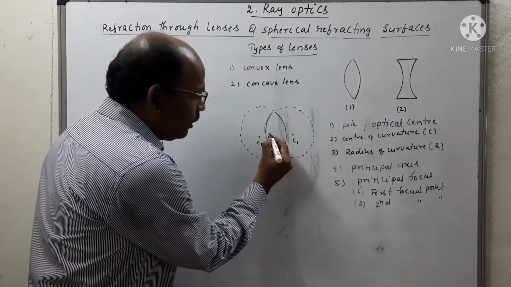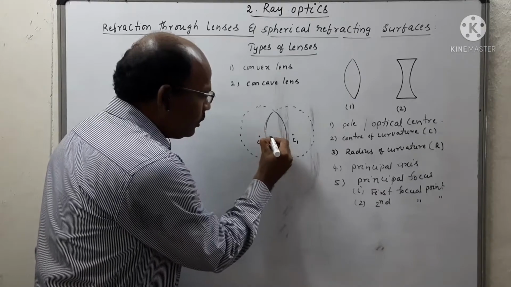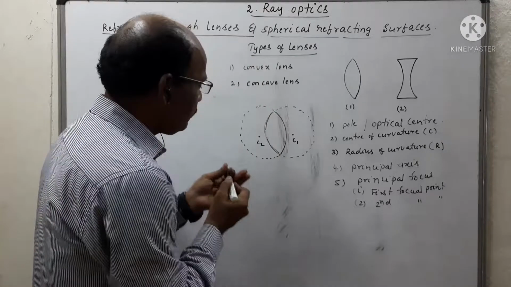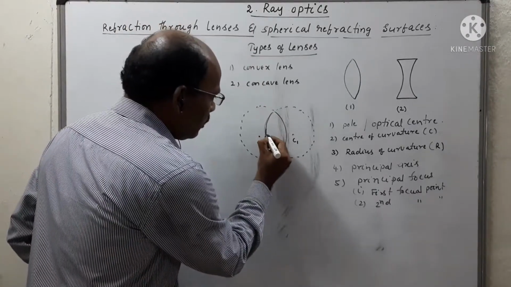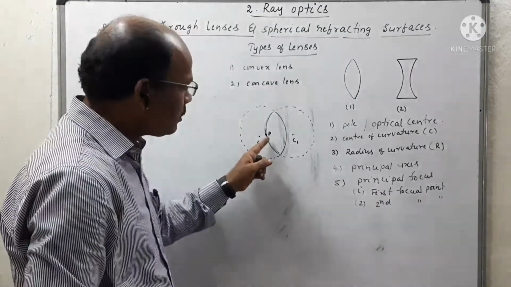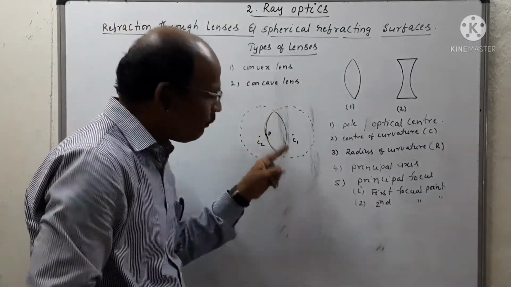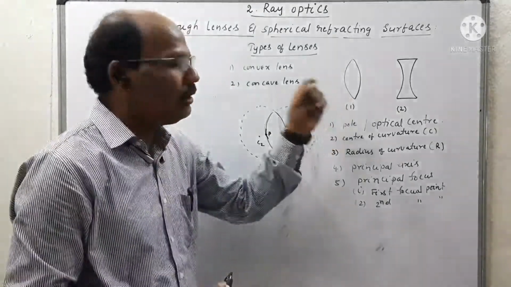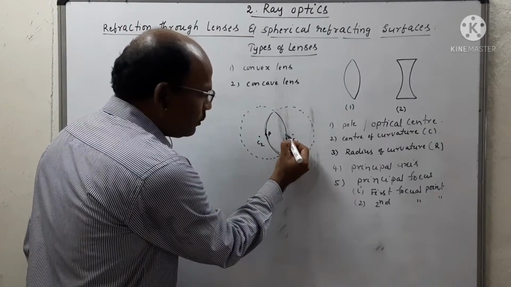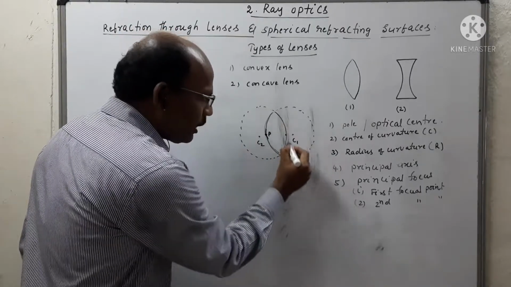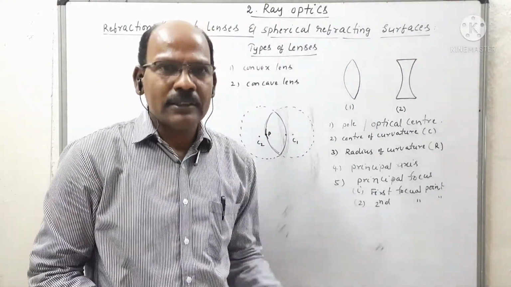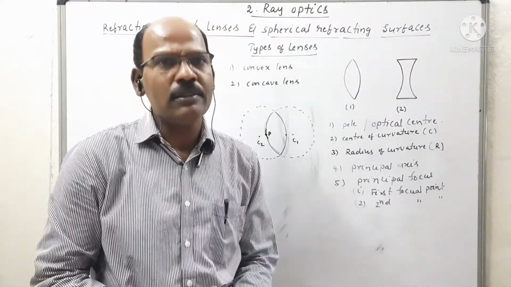The center of the first refracting surface is called pole. So this is pole. P is the pole of the first refracting surface of the convex lens. Similarly, the pole of the second refracting surface, that means the center point of the second refracting surface, is also called pole.